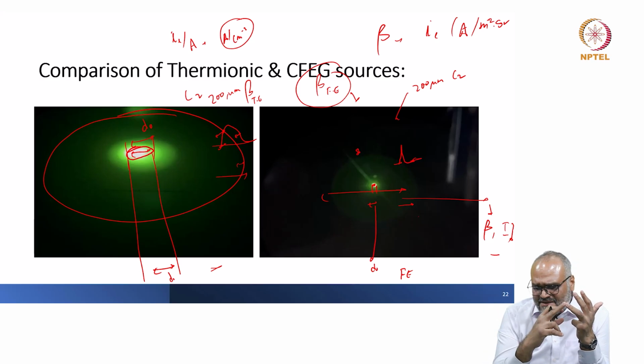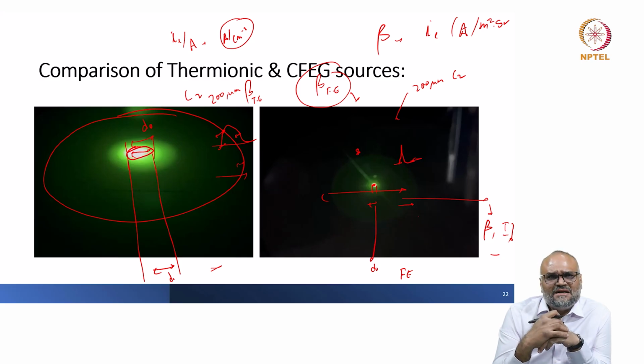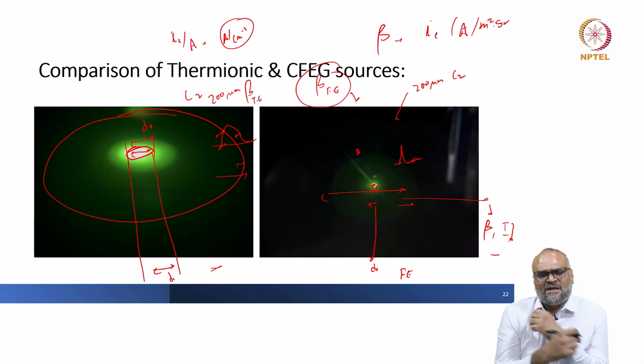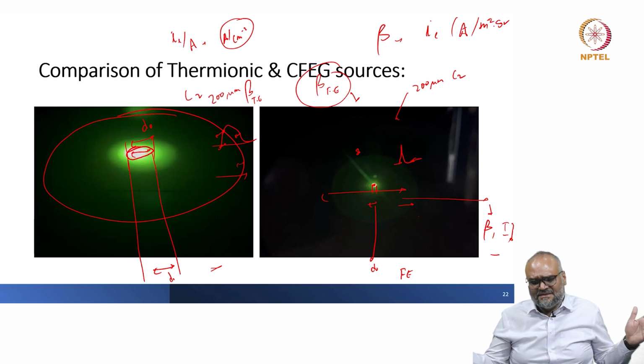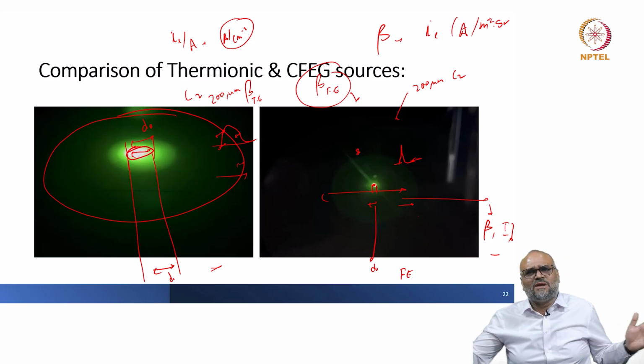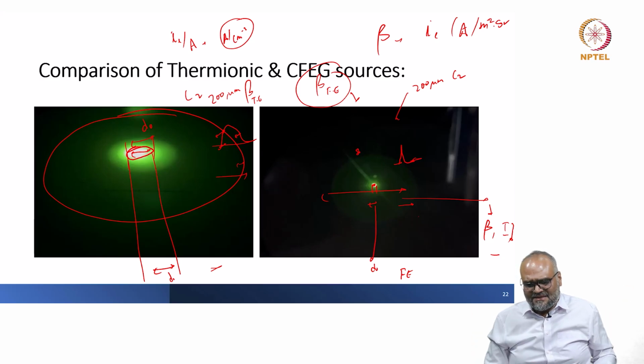And the third parameter which we talked about is the stability of the source. The thermionic emitter, when I talk about stability, this is not the lifetime of the source overall. There are ways in which the lifetime is prolonged. In fact, one could argue, I've just mentioned that the cold field emitter would run over a period of 7 years or so. The point is not how long the source or the field emitter gun is running.